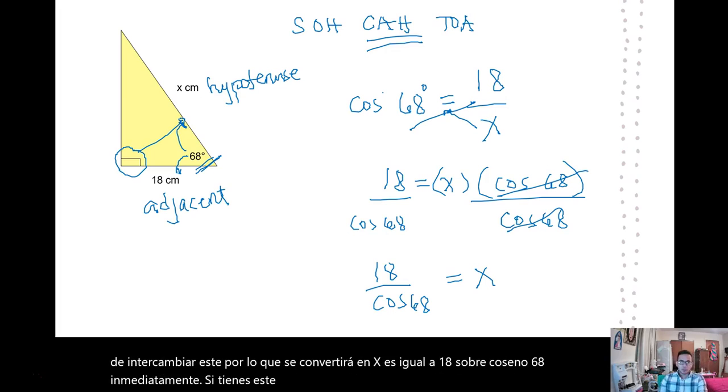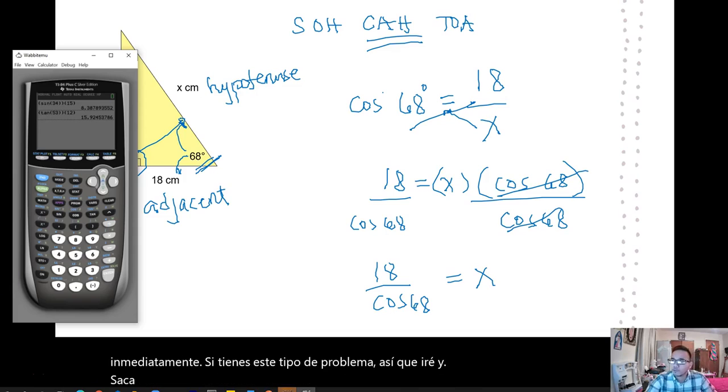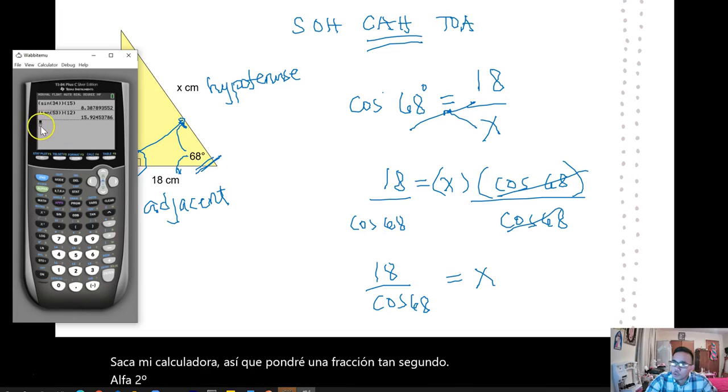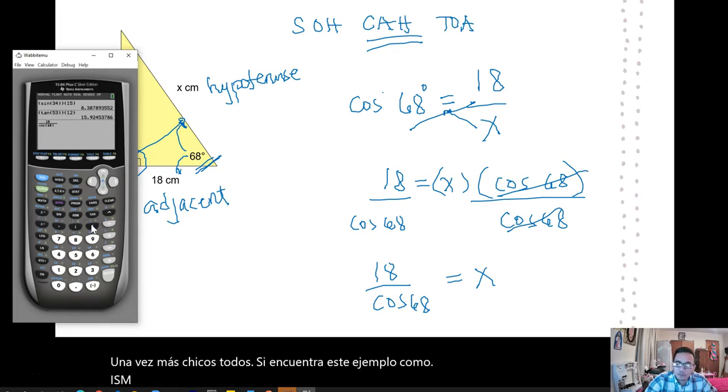So I'll pull out my calculator there. I'll put a fraction, so I have 18, and then I'll go cosine 68. Again, guys, if you find this example too fast, you can just pause this video.